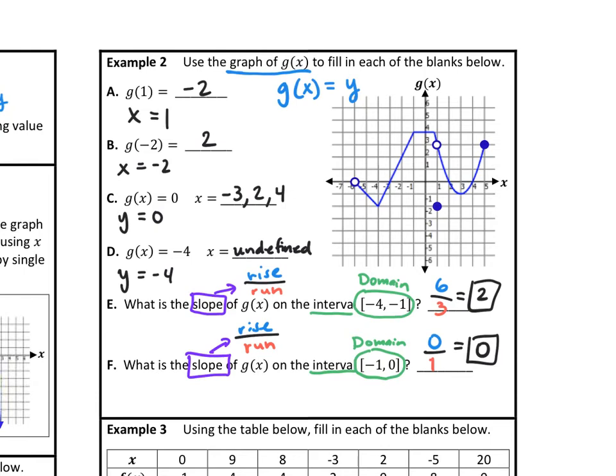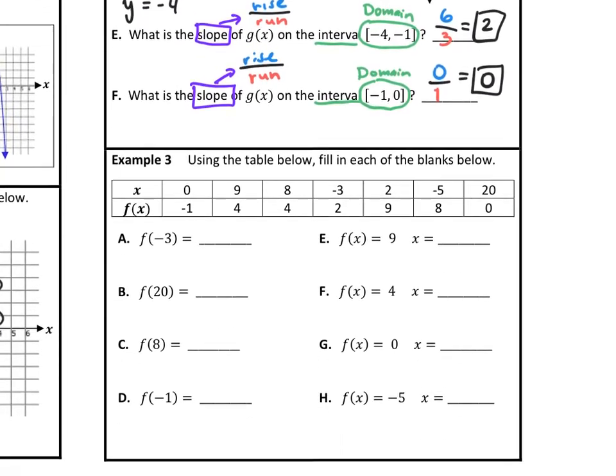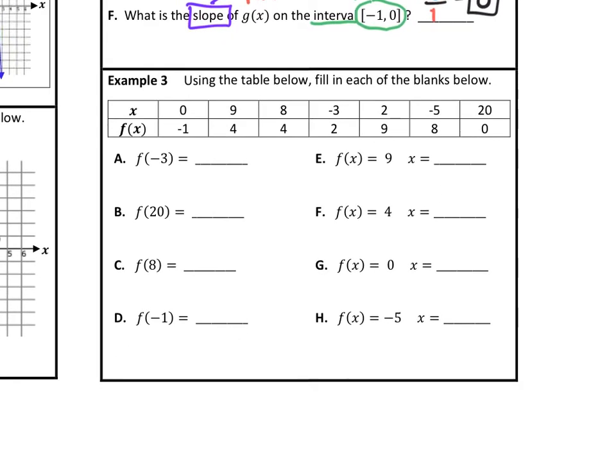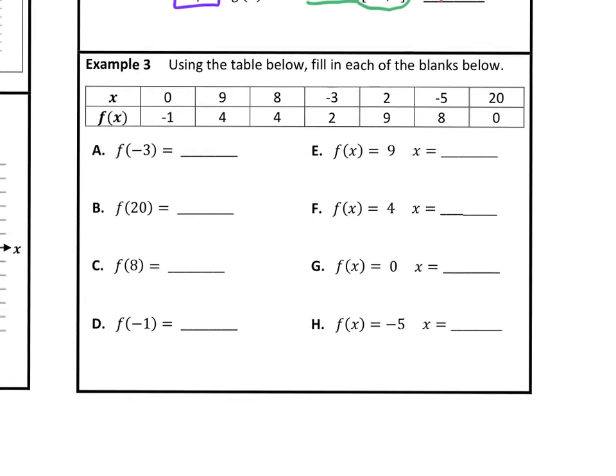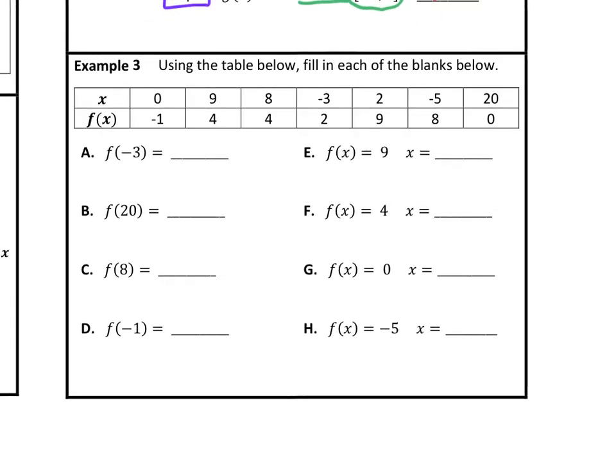Awesome. All right, the last example. The last example is dealing with a table. So the question is, if I have a table, can I do the same thing? Can I find the missing values of the function notation?